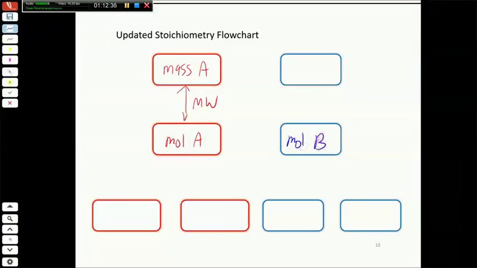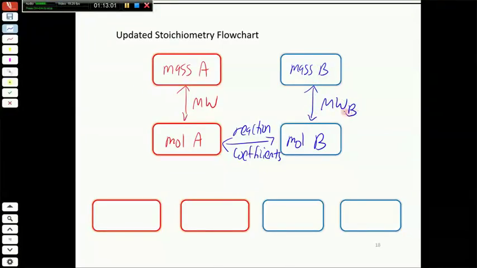And so once we have the moles of one reactant, we convert between those using the reaction coefficients. Which are those coefficients out front of each species in the chemical reaction. And then if we want to find the mass of the second species B, whether it's another reactant or a product, we use its molar mass to convert between mass and moles. So that's what we learned in chapter 5.